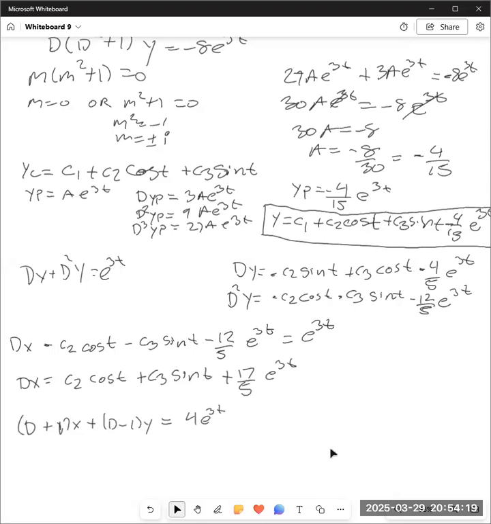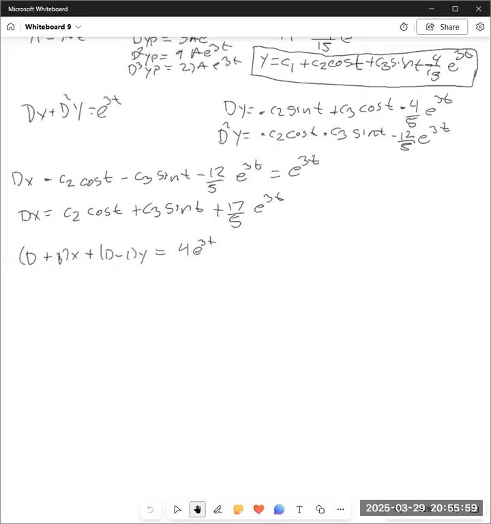So that means that this is dx plus x plus dy minus y is 4e to the 3t.